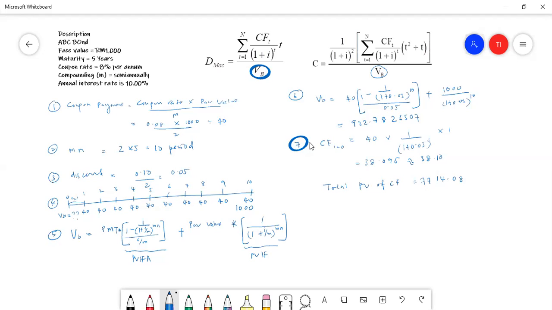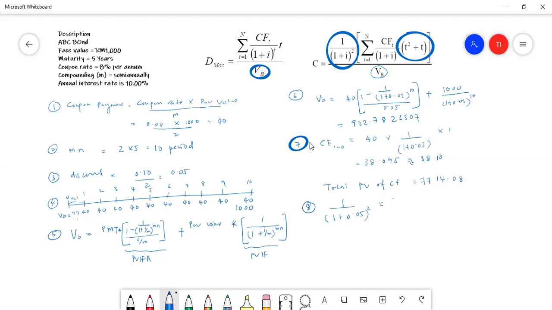Now we want to look into the formula of convexity. When you look into the convexity, we can break it into three major parts, which is 1 over (1 plus y) squared, t squared plus t, and the present value of the cash flow. So the first, how do we start? 1 plus 0.05 to the power of minus 2.